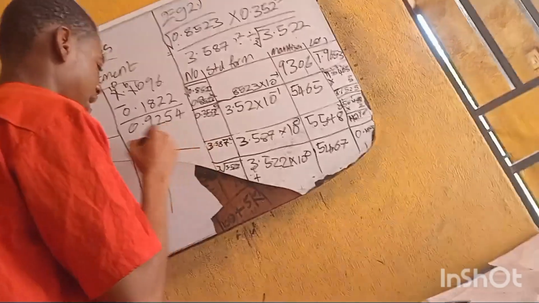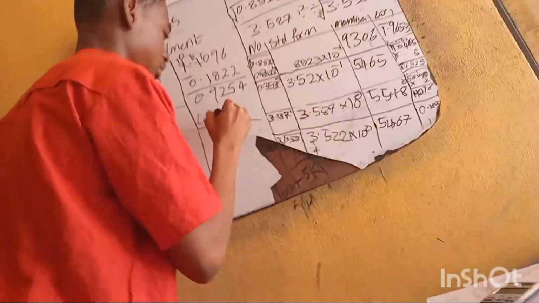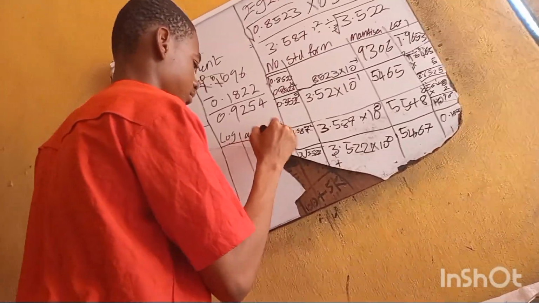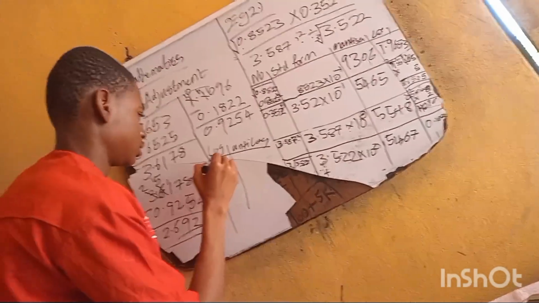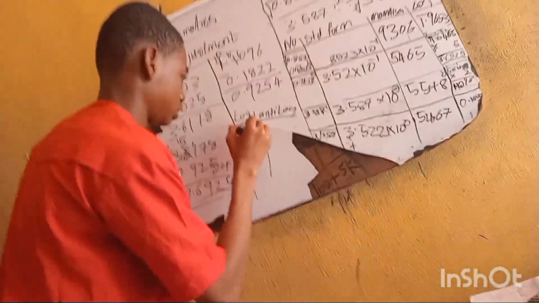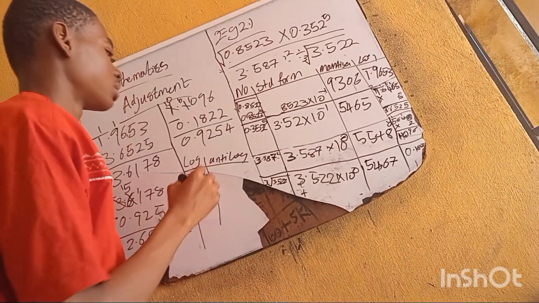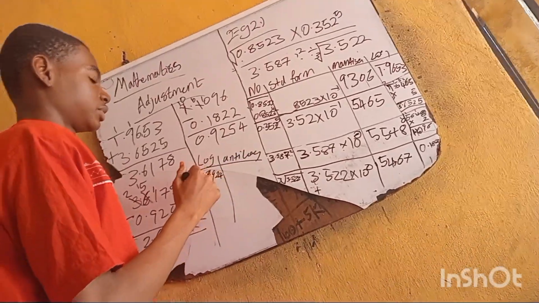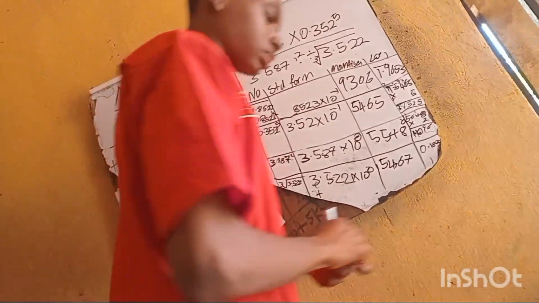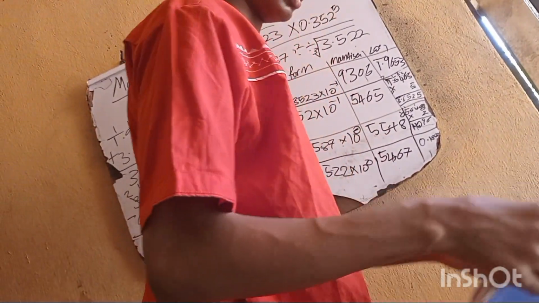Now to find the anti-logarithm of 2.6924, put in your anti-logarithm table.